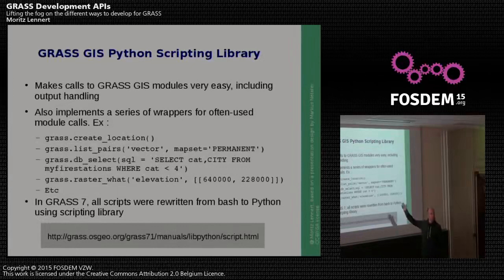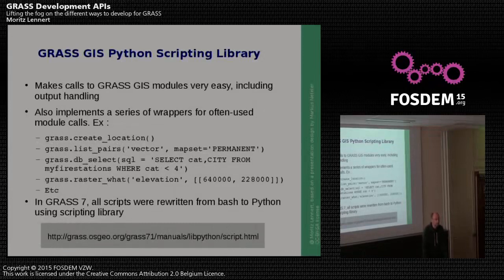There's a series of other wrappers that you can use, which have been built kind of as goodies if you wanted to allow easier calls to some tasks that are often needed within Grass. So for example, creation of a new Grass project location, or listing, for example, whatever vector maps you have in your mapset, etc. All the scripts that are part of the Grass source base, and that used to be shell scripts, have been rewritten to this new Python library in Grass 7.